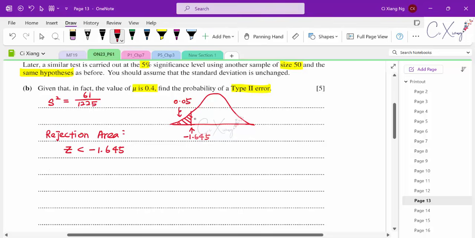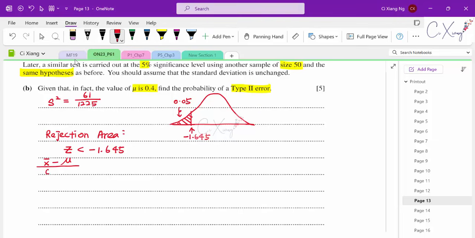According to the graph that we drew, we know that this is the rejection region, so Z smaller than negative 1.645. What's the formula for the Z here? It should be X minus the mean, divided by the population standard deviation over square root n, and less than negative 1.645. So what's the sample mean?